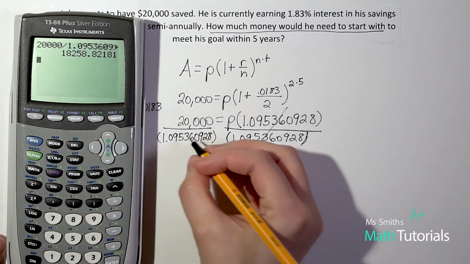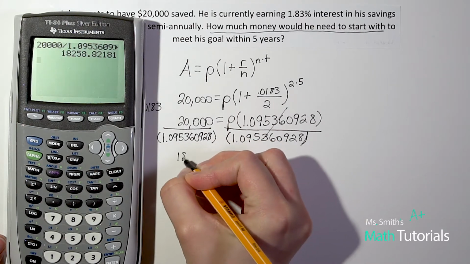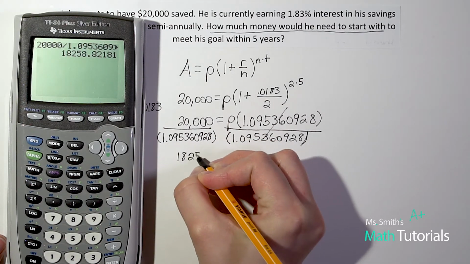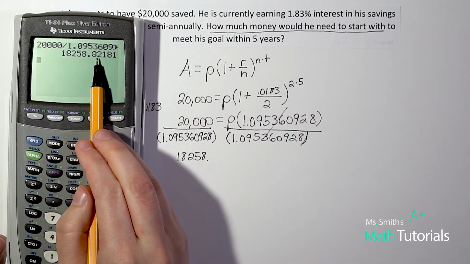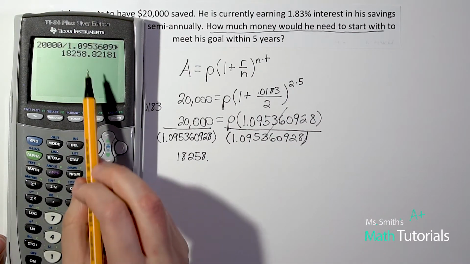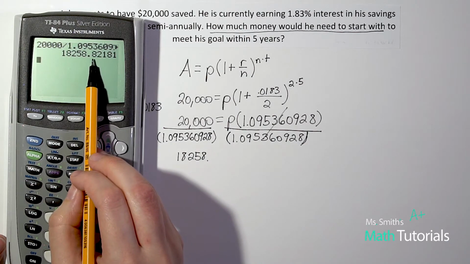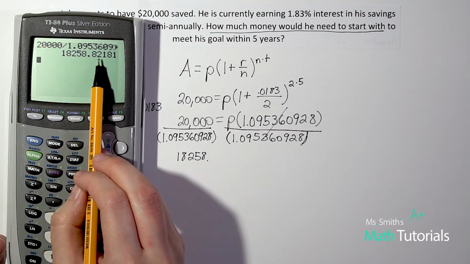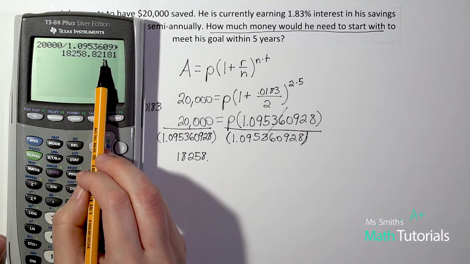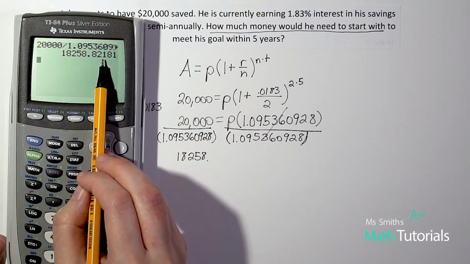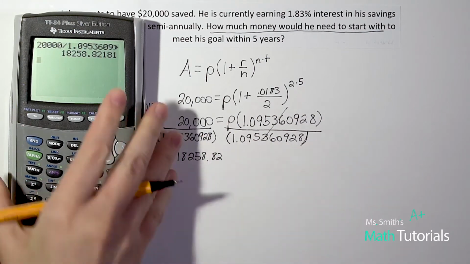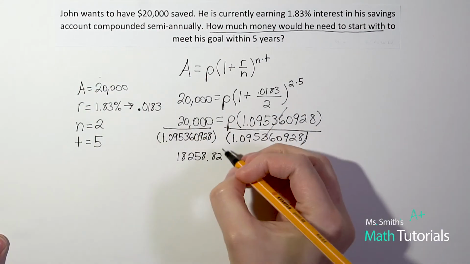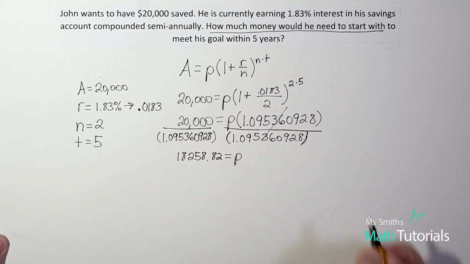I get 18258.818. And I am talking about money, so now I'm going to round to the nearest hundredths. I'm at my answer now, so it's okay to round at this point. So that would be 82 cents. And I look at this 8, that 1 is 4 or less, so that means that 2 stays at 2. So it's just 82 cents. So let's see. So we've got our equals P, right?